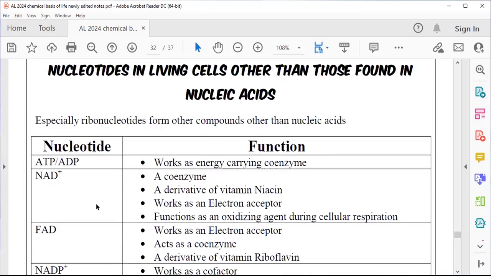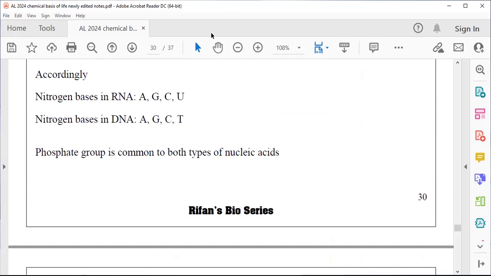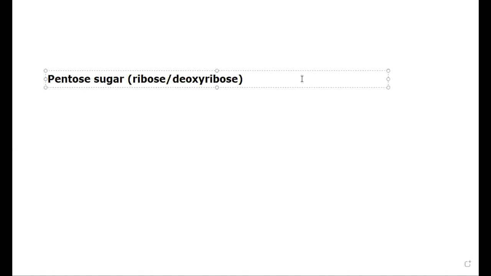Before we come to this part, remember, when a pentose sugar, it can be either ribose or deoxyribose, is connected to the nitrogen base.